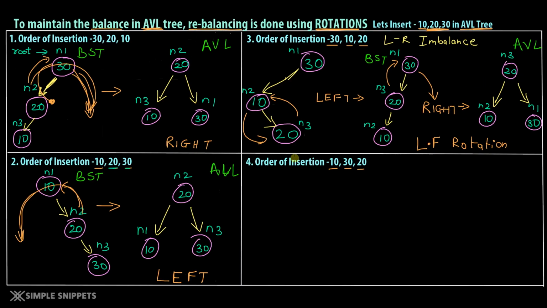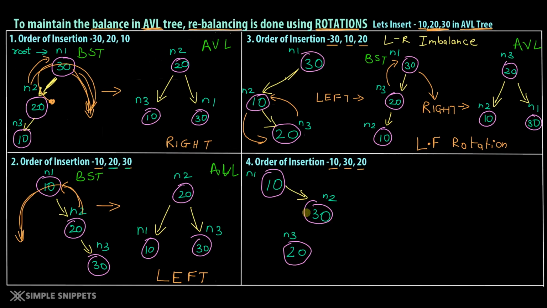Okay. So similar to this case, we have the fourth case where the order of insertion is 10, 30 and 20. So let's draw the binary search tree for this. We have 10, then we have 30, and then we have 20. So this is N1, this is N2, and this is N3.